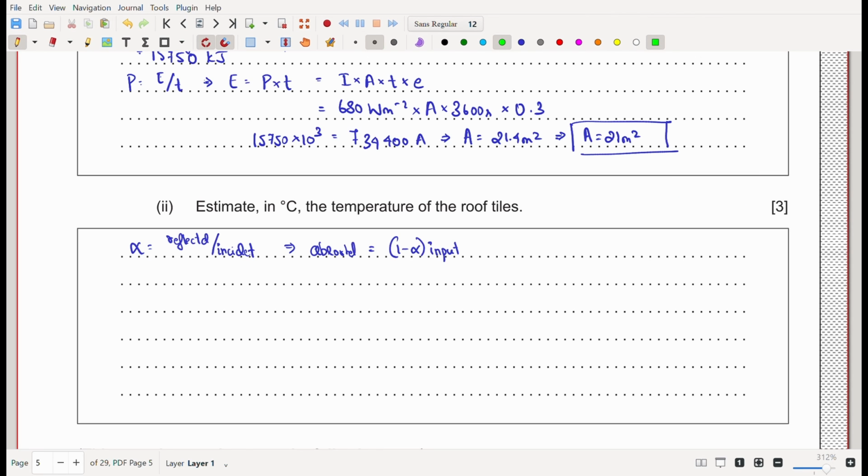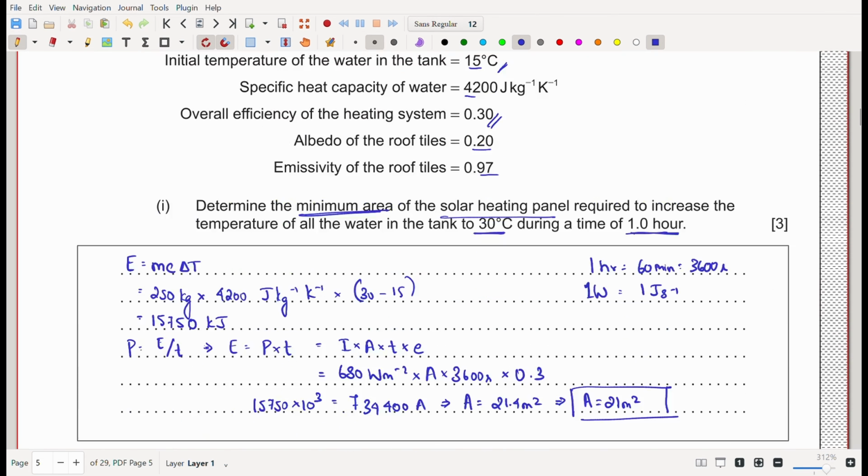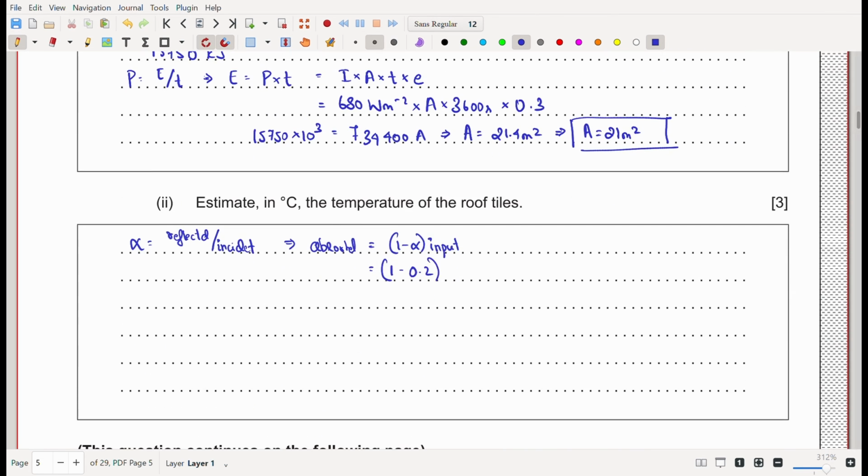Now using this formula, which we've converted from, we can write in our values. So we have 1 minus 0.2 is our albedo, right? Yep, 0.2 is our albedo. And we have to multiply it by the input wattage, which is 680 watts per meter squared.